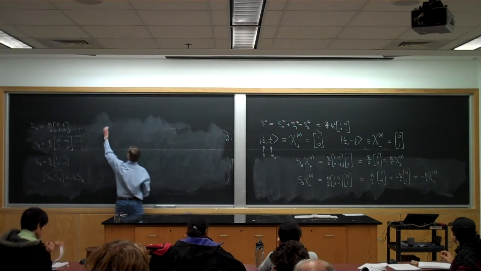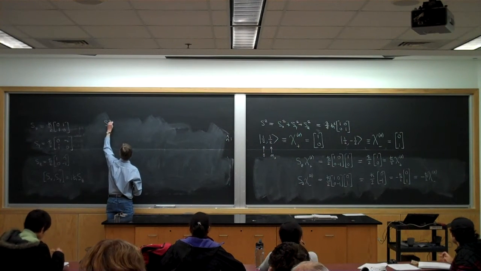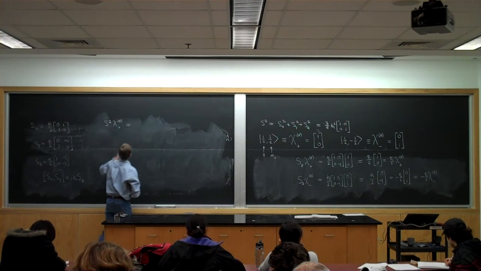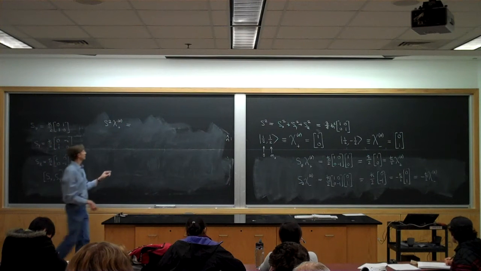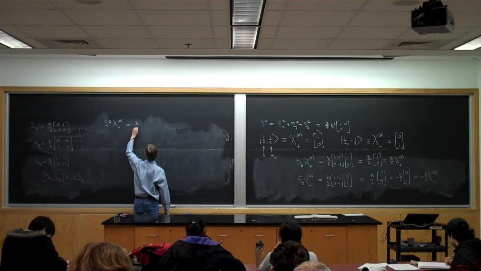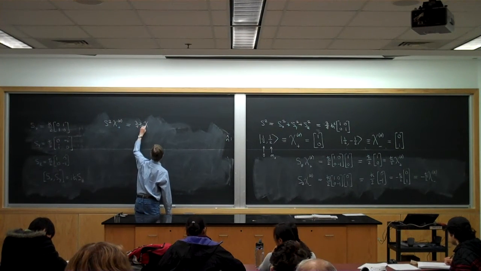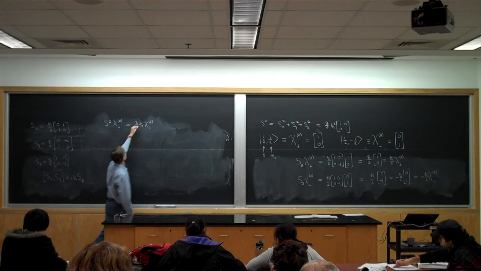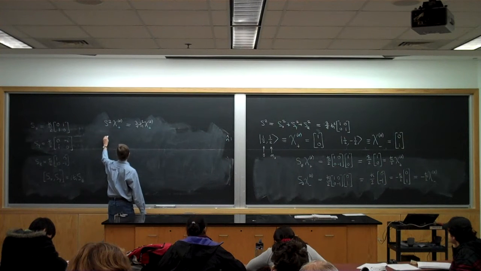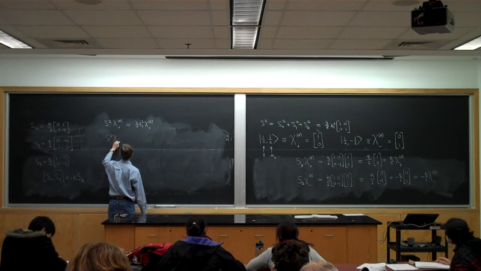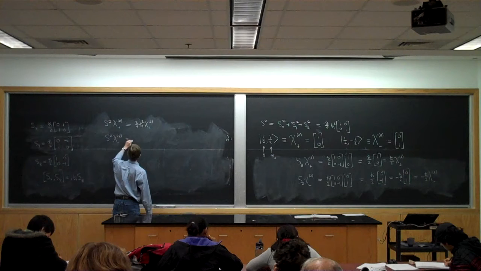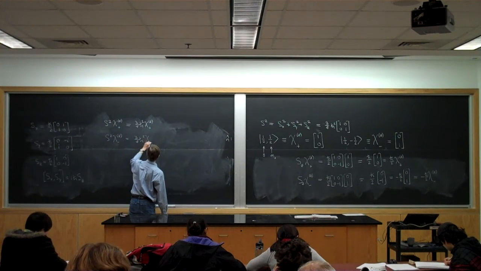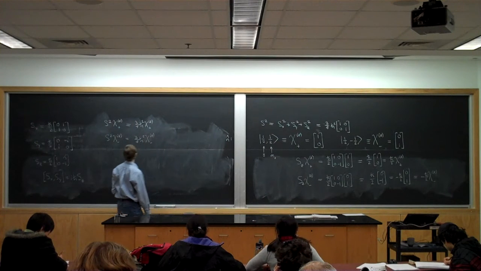So certainly then s squared applied to chi plus gives me 3/4 h bar squared times chi plus. And s squared applied to chi minus gives me 3/4 h bar squared chi minus.